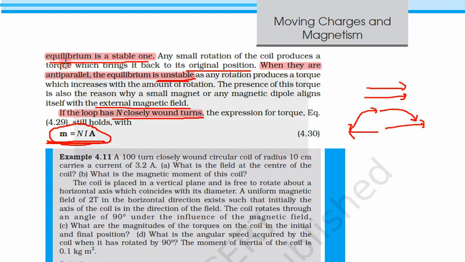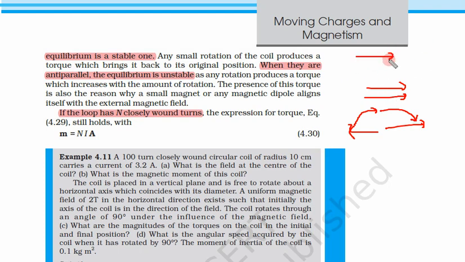The only thing important here is, suppose the magnetic moment of the loop and the magnetic field are both in the same direction, it will remain here. If we rotate it a little bit, it will immediately try to come back here, so there is very little torque on it.